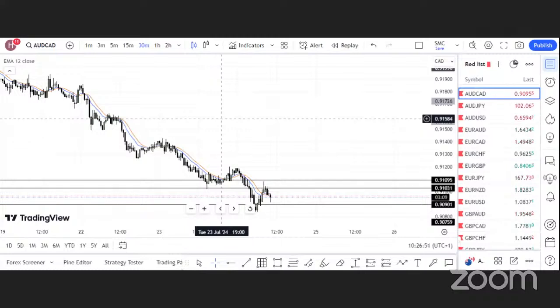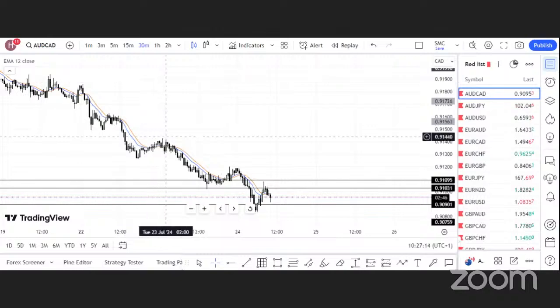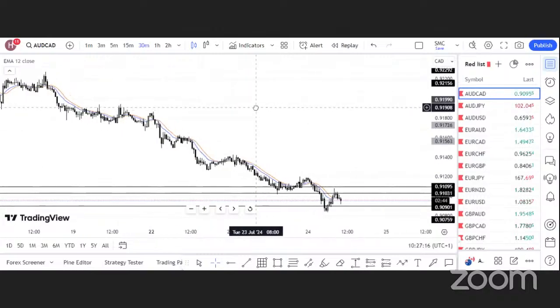Forget about reversals. Nobody can tell when the market would reverse. Nobody can actually say, this market is reversing, I want to buy because it has been selling for so long, or I want to sell because it has been buying for so long. Nobody can actually predict a reversal. But what you can predict is trend continuation.